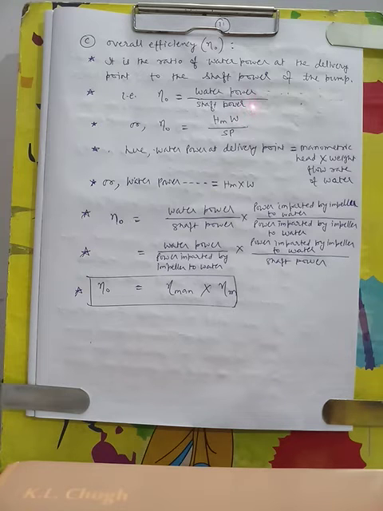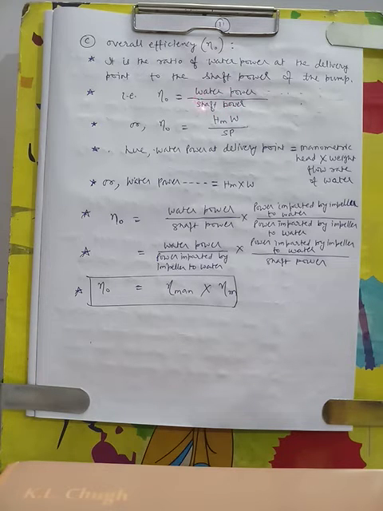The first input of power into the pump is the shaft power, and the last output of power from the pump is the water power. So this is the overall efficiency.